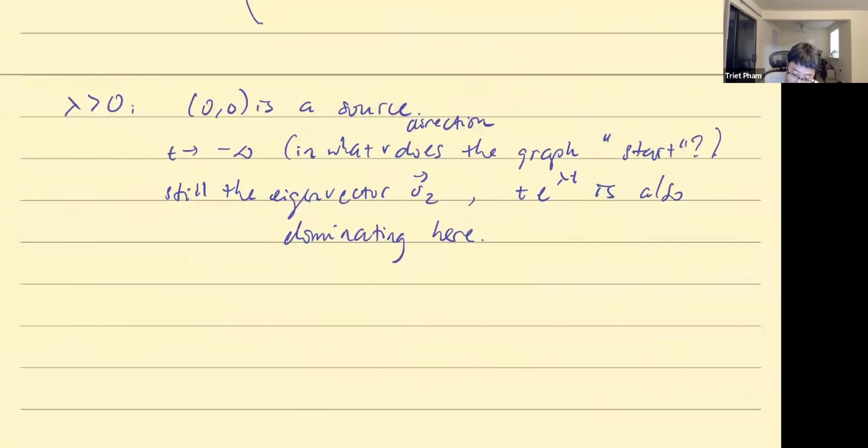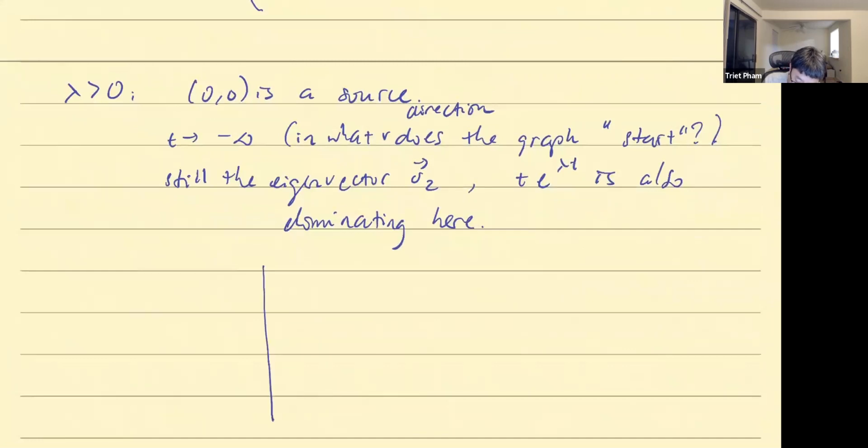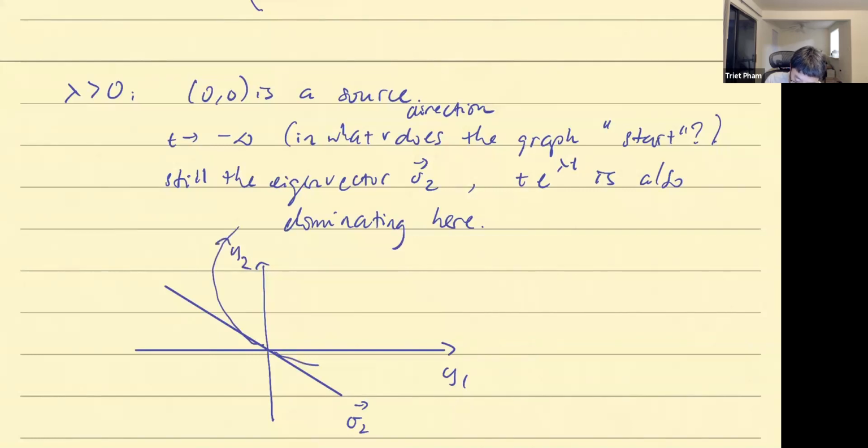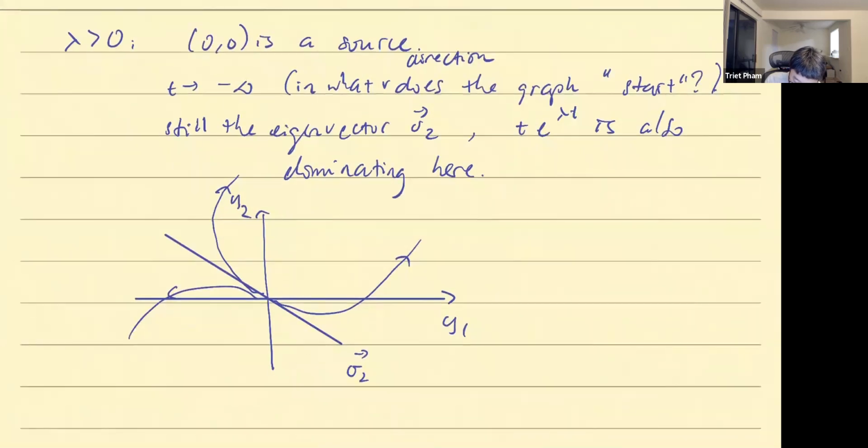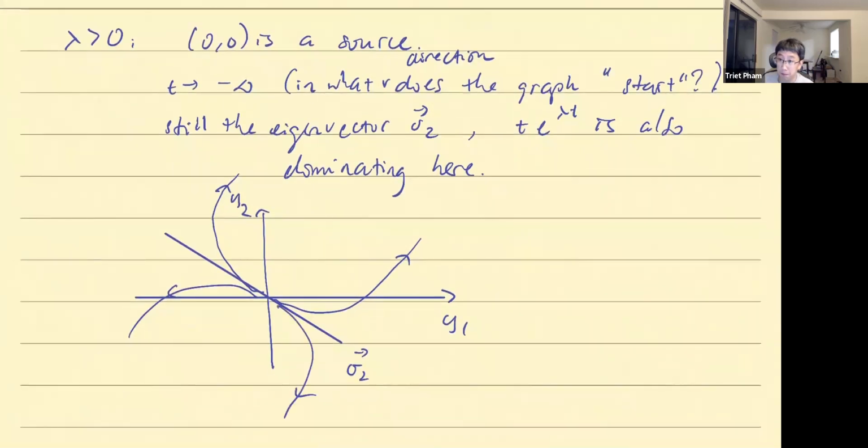Okay, so if you were to draw a picture, it will be similar to that one, but let me switch to a different v2. Let's suppose this is v2. This is y1, y2. So you come out from this, it is a source, like that.